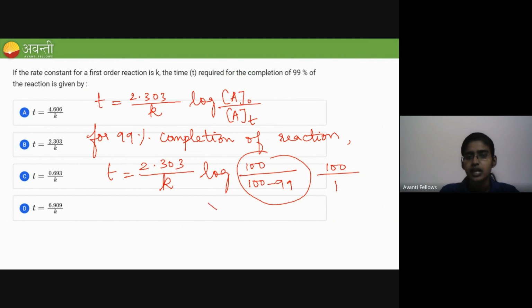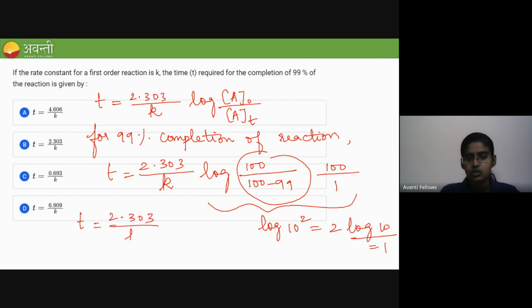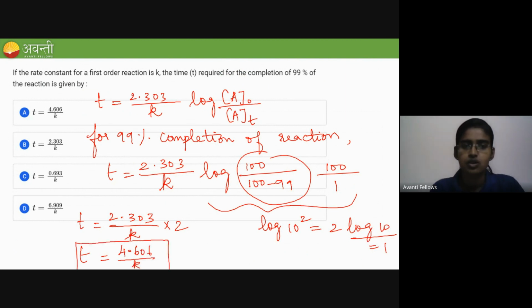We can write this as log of 10 to the power 2, which is equal to 2 into log 10. Log 10 is equal to 1. So t = (2.303/k) into 2, which is equal to 4.606/k. So the answer is option A. The correct answer is option A.